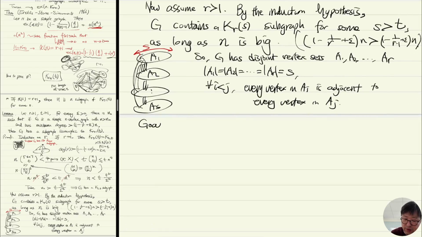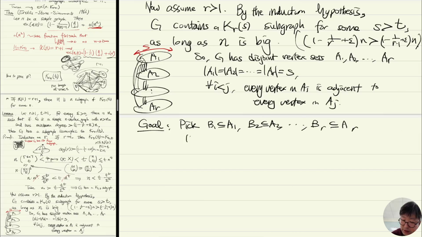Now our goal is to pick B1 as a subset of A1, B2 as a subset of A2, and BR as a subset of AR. It's not S actually, it's R, right?